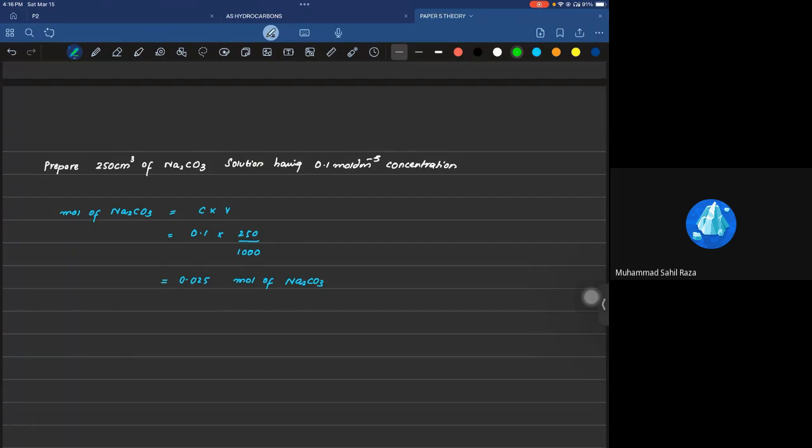Then I need the mass. So mass of sodium carbonate would be equal to Mr times moles.